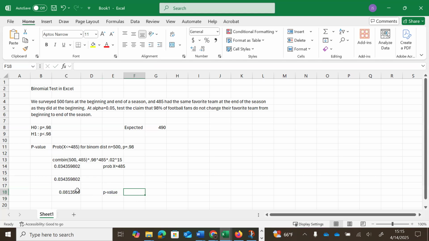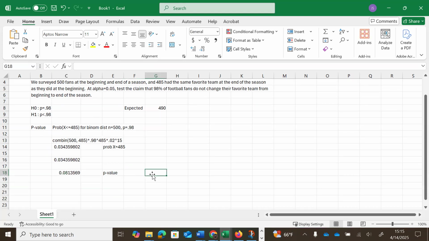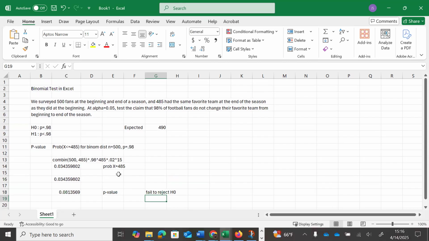Now we see that this p-value is larger than alpha, so we fail to reject the null hypothesis. There's not enough evidence at the 0.05 level to reject the claim that 98% of football fans do not change their favorite team from beginning to end of the season. It's entirely possible we just happened to get a group that changed a little more than you would expect.